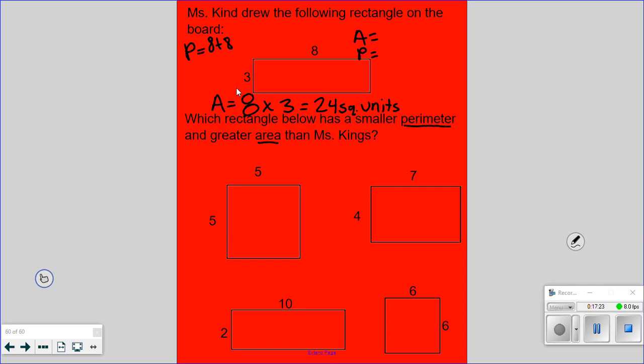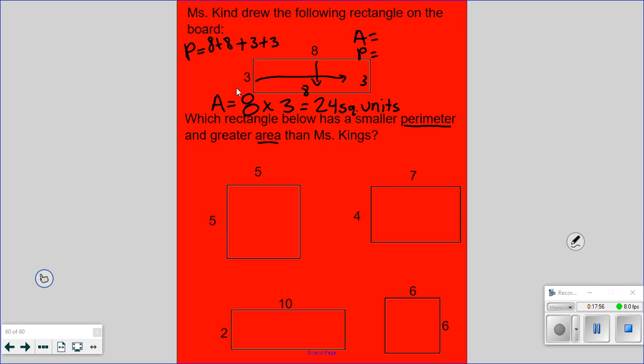Even though we've only filled in some of it, we do know that that length is also 8, and this length is also 3. So you've got 8 plus 8. Can you finish the equation? Plus 3 plus 3. What is the sum to find the perimeter?